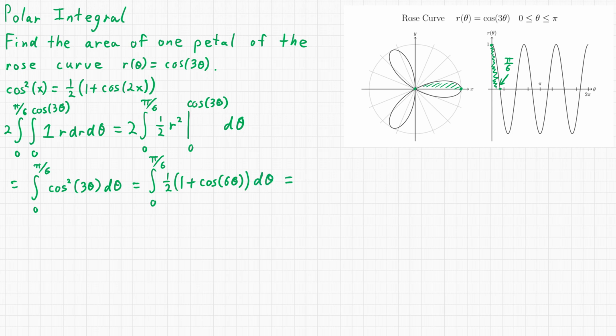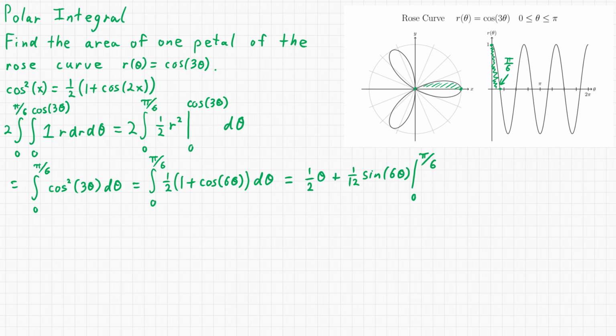Now we can integrate that. I've got a 1/2 theta, and then plus 1/12 sine of 6 theta, evaluated from 0 to pi over 6.